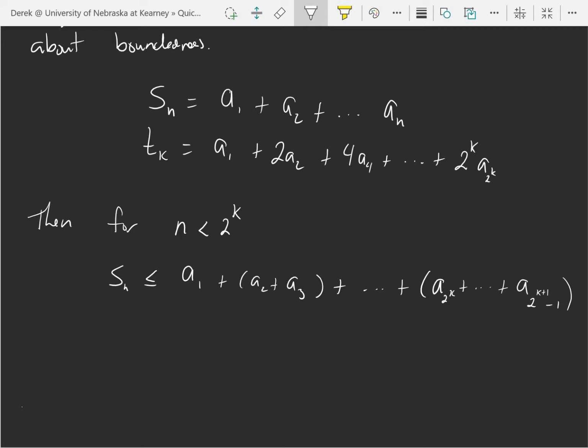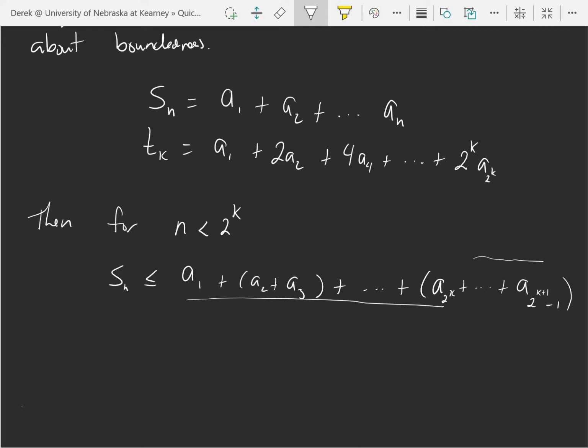Okay, so n is smaller than 2 to the k. So S sub n would just be adding up these guys. I've added some more to there, so I've got that less than or equal to sign. If these guys were all 0, then it would be equal to.